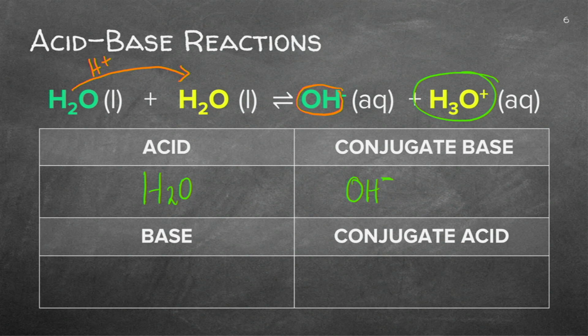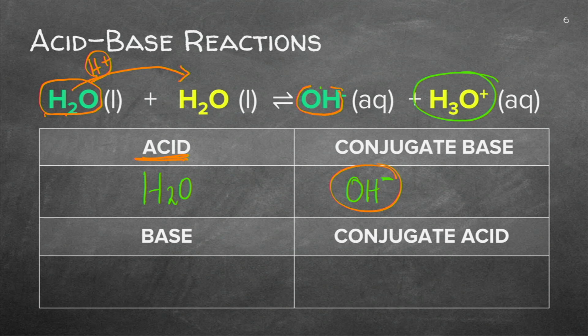Now it's a base because remember what a base will do. When it goes that way, it will actually accept a hydrogen. But let's not go that way now. Let's just take this away. For now, you can see the pair is this water gave away the hydrogen, so it's an acid, and what remained was the OH minus.